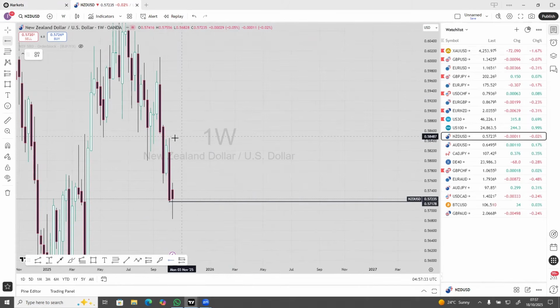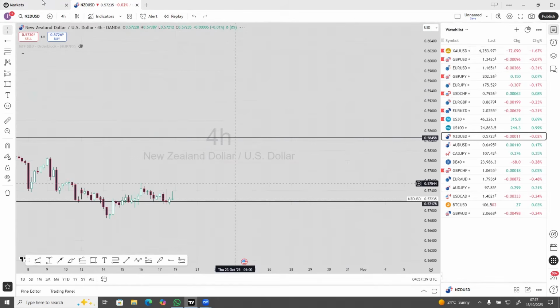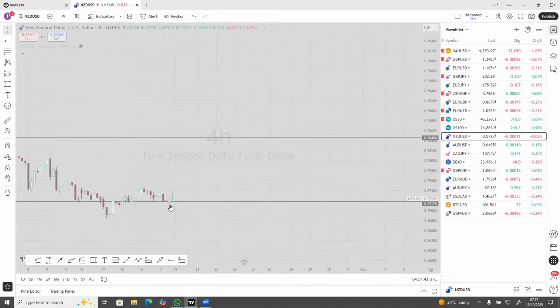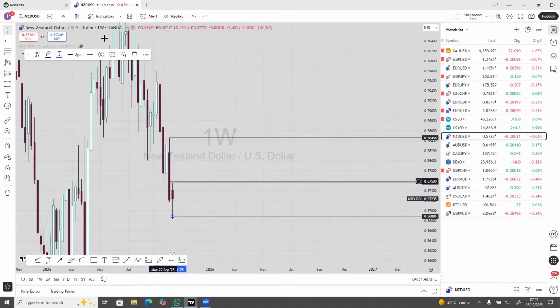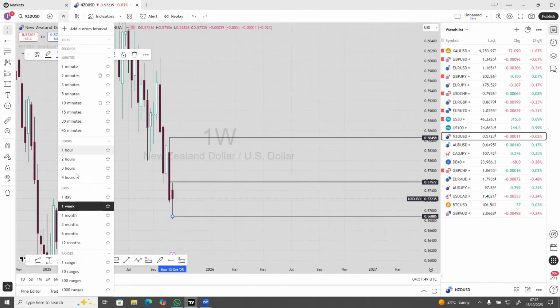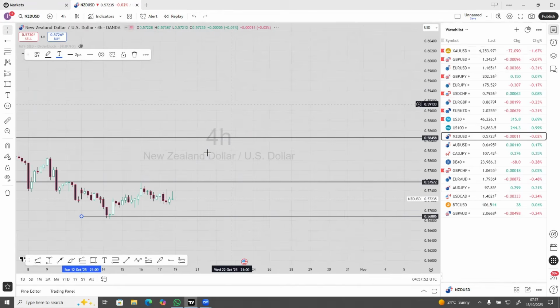We are supposed to take a buy until price reaches that CRT high. So shift your time frame to 4-hour and find the point of interest available. Let's mark this weekly range firstly.